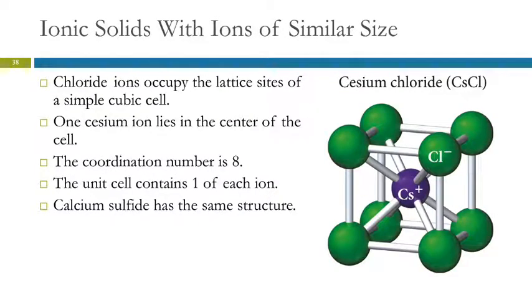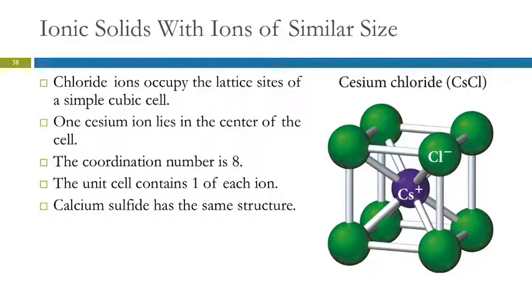So when we have ions that are similar in size, such as this compound cesium chloride, the chloride ions will typically occupy the lattice sites of a simple cubic cell. So here we have the chloride ions in a simple cubic cell. The cesium is a different ion, and so this is not body-centered cubic, because in body-centered cubic, this would be a chloride also.